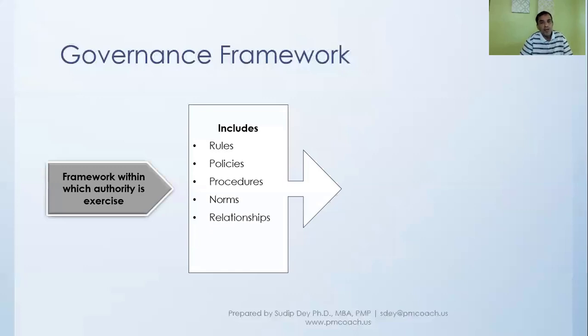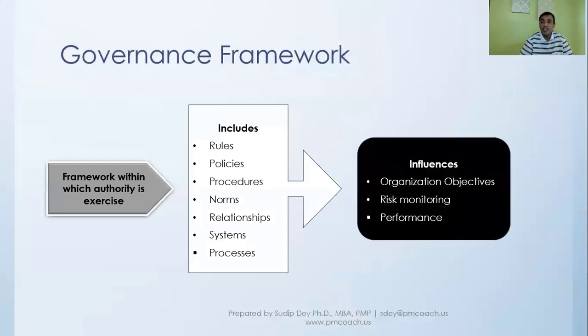Then relationships develop as you move through, and you'll find that different kinds of relationships exist within the organization. That is also part of the organization framework, then systems and processes. All this put together creates the governance framework. Now, this governance framework has an influence on organizational objectives, where the organization is going, the kind of risk, and how it is going to be monitored.